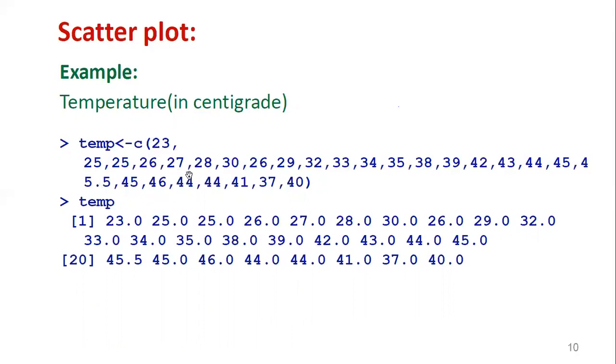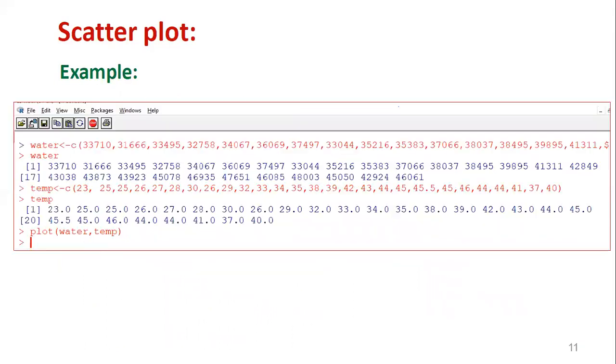The 27 days of corresponding temperature values are stored in the vector temp. Whenever you call temp, all the observations are displayed.